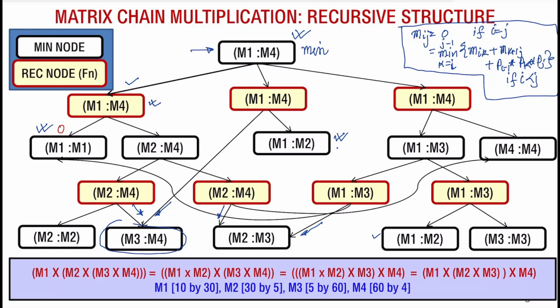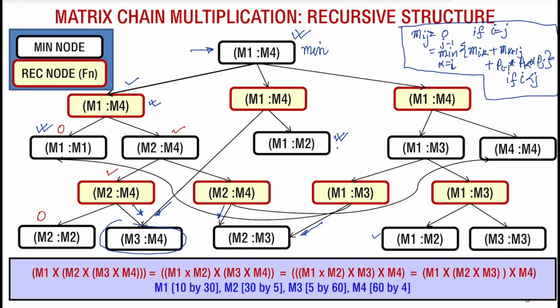Then we come to M24. This can be done in two ways, so let us go this side. Once we go this side, we know that this value M22 is 0. Then we come to this value M34.